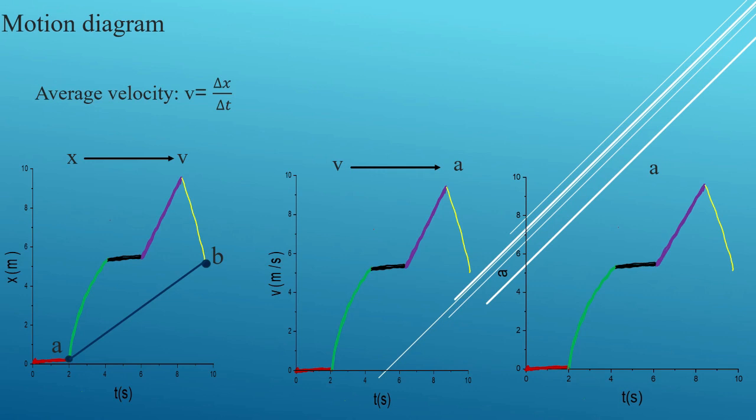And then I can calculate the average velocity. Also, I can calculate the instantaneous velocity, which is the derivative of x over t. What that means is I have one point in my graph at C, and the slope at this point is going to be the instantaneous velocity. I talked about the average and instantaneous velocity in the previous video, and I'm going to put the link below.